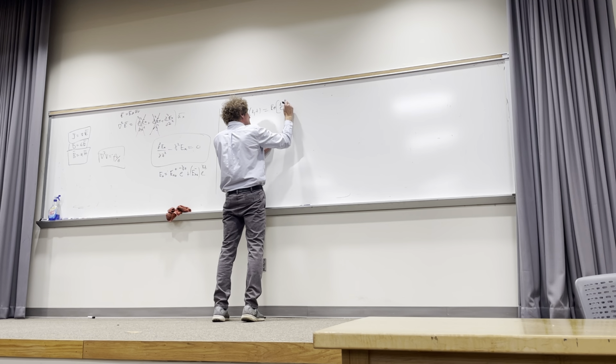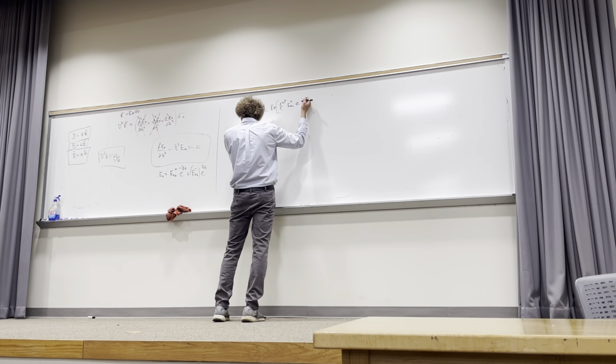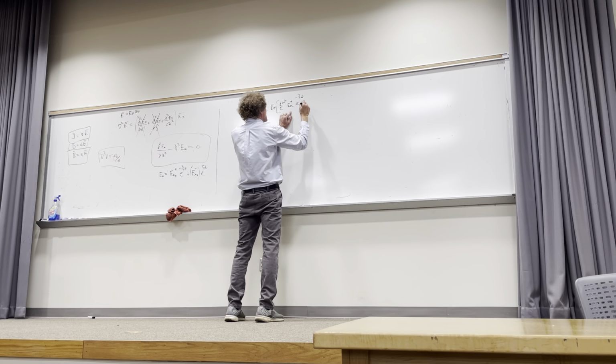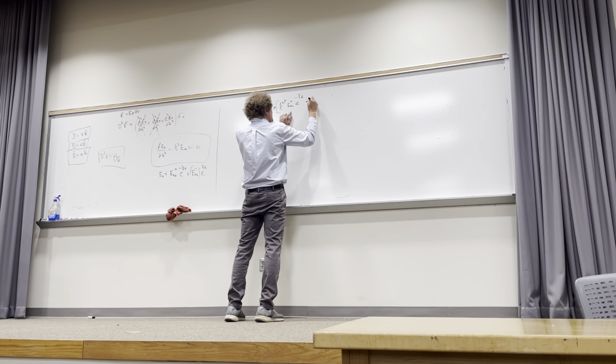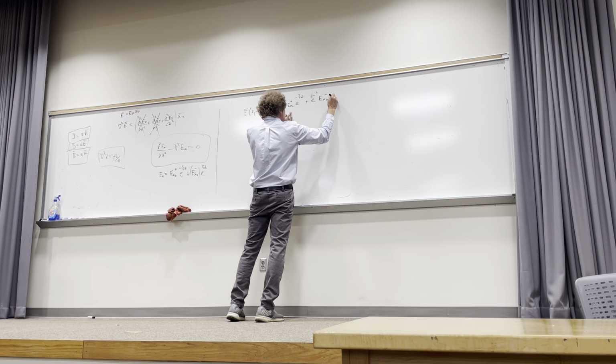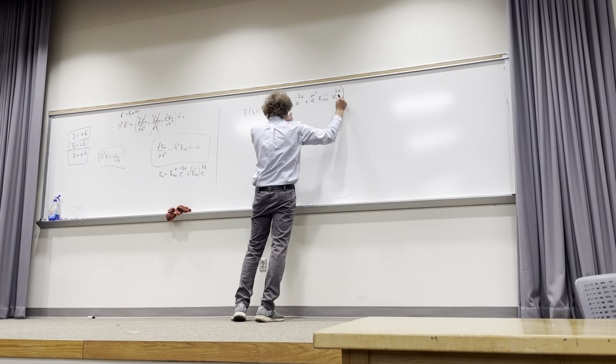And I would have e to the minus gamma z times Ex0 plus, plus e to the j omega t times Ex0 minus e to the gamma z.